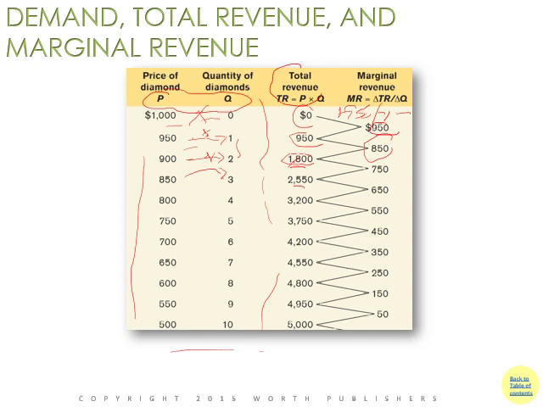In the output range between 9 and 10, total revenue goes from $4,950 to $5,000. So the change in total revenue increases by 50. The change in output goes from 9 to 10. The change is 1. So our marginal revenue, if we lower our price from $550 to $500 per carat, is 50.